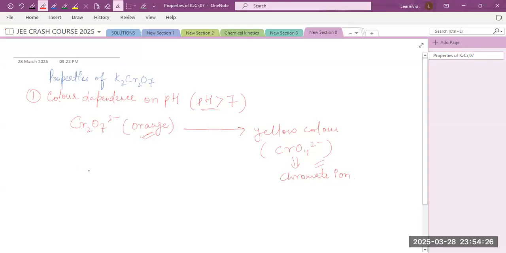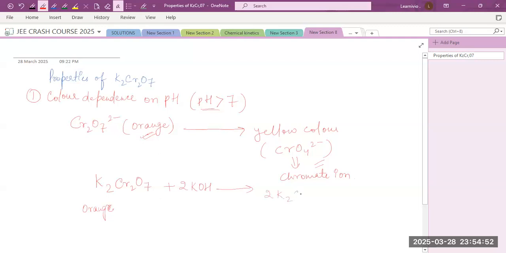Okay, so let's see the reaction involved. K2Cr2O7 is a reddish orange color. When you add a base in alkaline medium, alkali KOH, potassium hydroxide, what will happen?